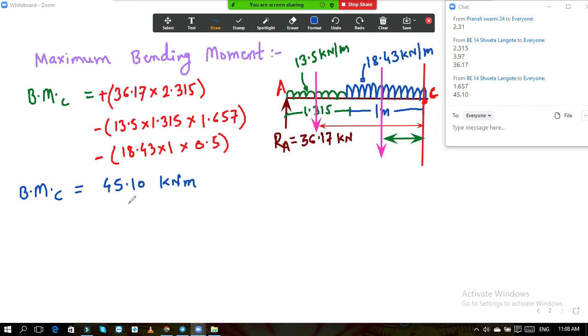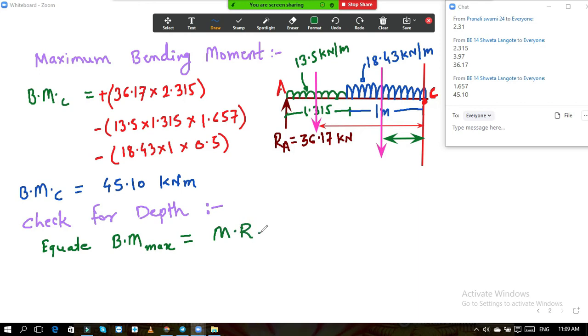Now what is the next step after calculation of the bending moment? What we generally do after this, once we have the bending moment, is the check for depth. So next thing is check for depth. To take the check for depth, we equate the maximum bending moment to the moment of resistance.